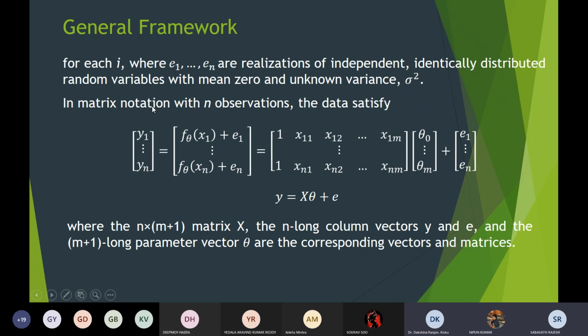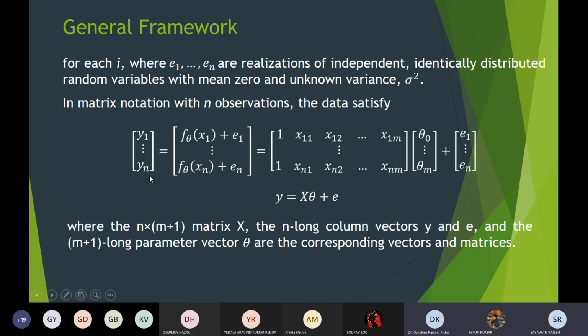Now, if we consider this framework with n observations, we can fit these n observations in the regression model with the help of this formulation. In this formulation, the dimension of y would be 1 to n.